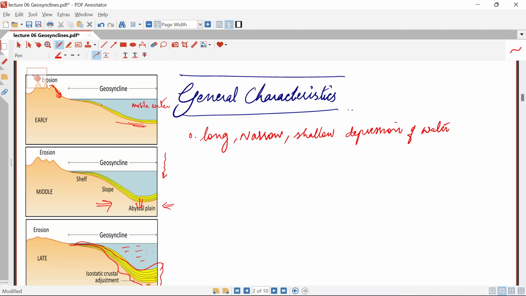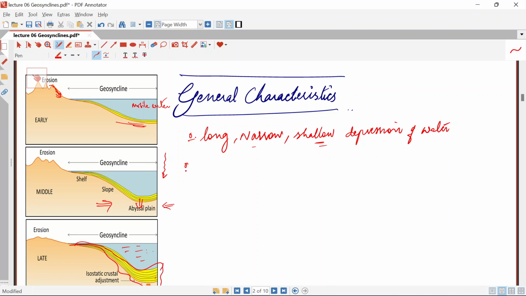Shallow means not having a greater depth, but a small, lower depth. So the first characteristic is that a geosyncline is a long, narrow, shallow depression of water.